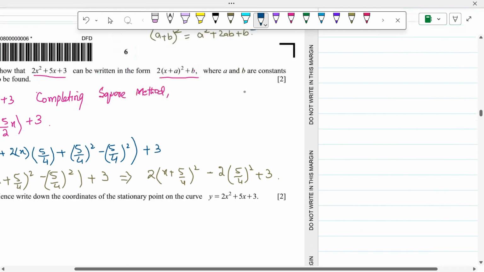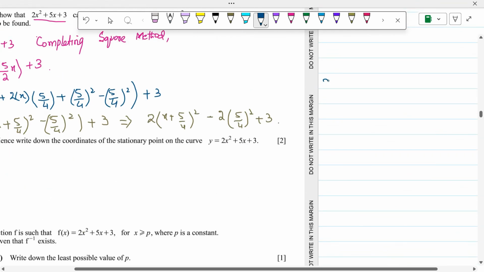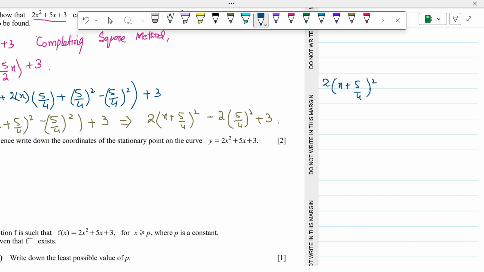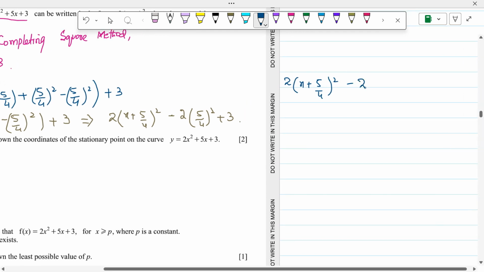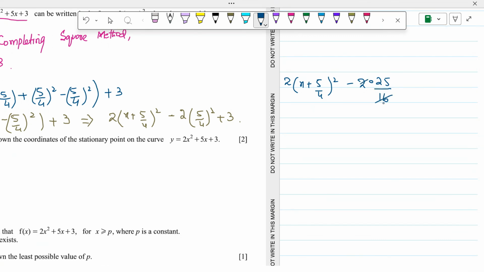So we can simplify this equation. We will have 2 times (x + 5/4)² minus 2 times 25 over 16, since 5 squared is 25 and 4 squared is 16. This will cancel out and we will have 25/8 plus 3.